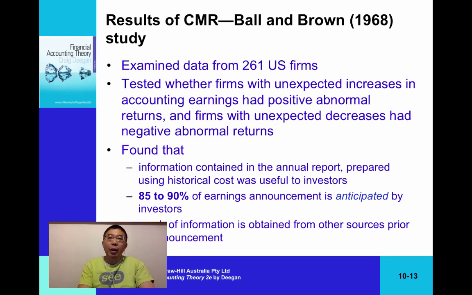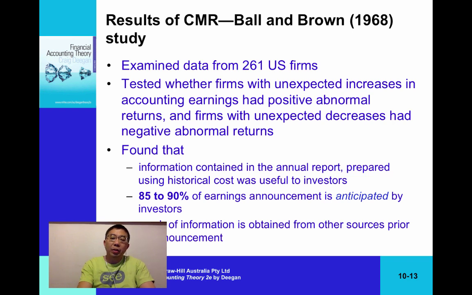In other words, when companies report higher than expected profits, did the share price increase higher than expectation? And vice versa, whether firms that report unexpected drops in profits would cause their share price to actually decline beyond what is expected. So that was what they had tested way back in 1968.